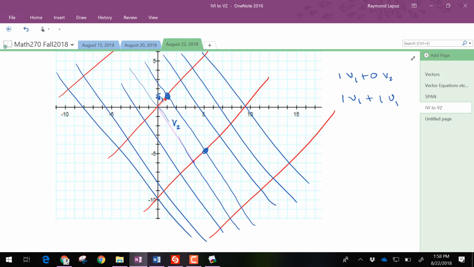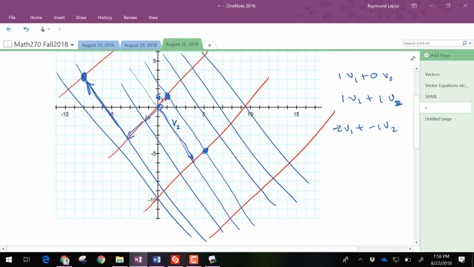And so if I randomly pick one over here, what's V1? V1 goes from here, it goes -1, -2. So it's -2 V1, and what's my V2? V2 goes over here positive, but I can go negative V2, so that's what that is.